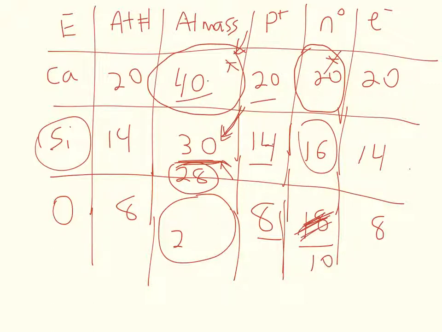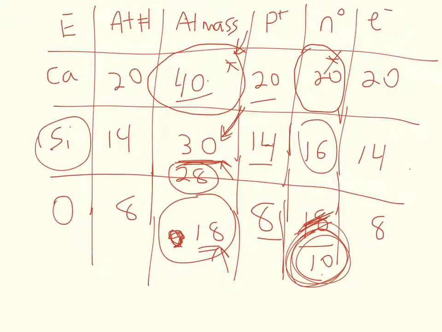I'm going to take the 8 plus the 10 to give me 18. If I look at the periodic table, the atomic mass of oxygen is not 18, it's 16. But you want to use 18 because by me giving you this value in the initial problem, I'm giving you an isotope that's different than normal. It's going to give you a different mass than normal.